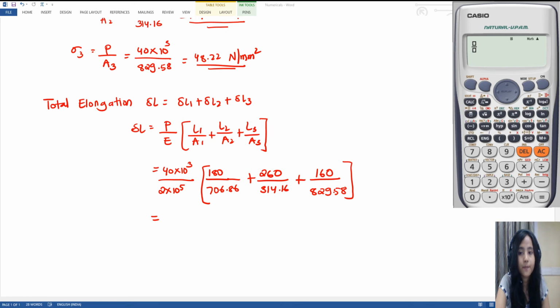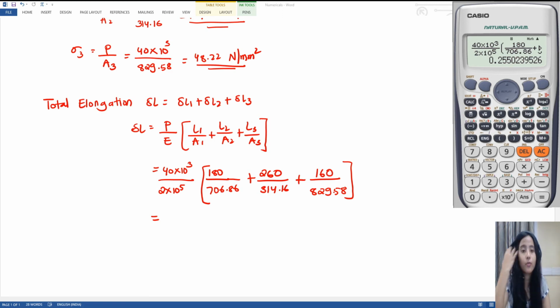So let us find 40 into 10 raised to power 3 divided by 2 into 10 raised to power 5, into bracket open, 180 divided by 706.86 plus 260 divided by 314.16 plus 160 divided by 829.58.